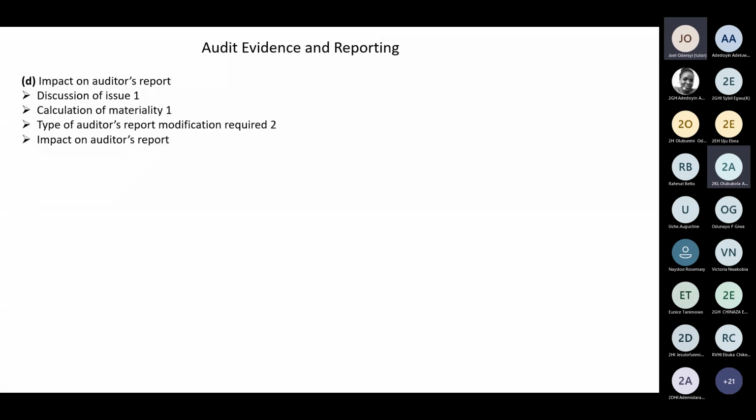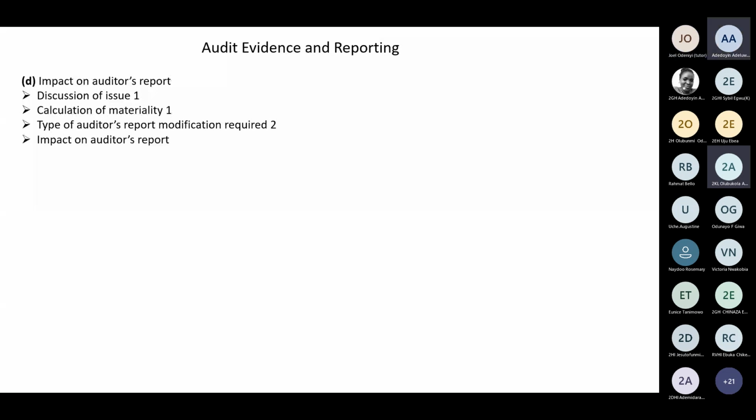You use that paragraph only when there's a material uncertainty related to going concern that has been properly disclosed in the financial statement, and the management has also used the going concern assumption appropriately. That's the time you use the MURG paragraph. And you're going to include the paragraph immediately after the basis for opinion paragraph.